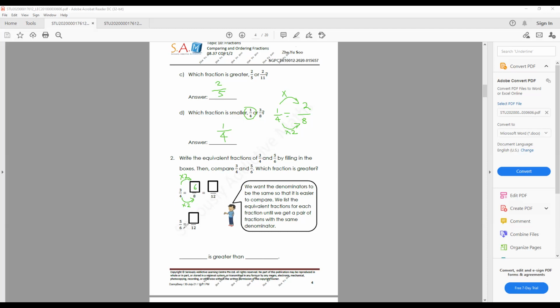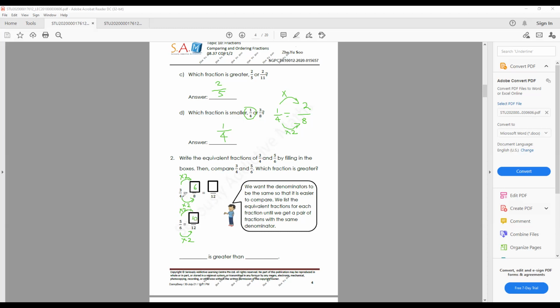Look at 6. There's no way 6 can become 8, but it can become the next multiple of 4 and 6. Let's convert it into denominator 12 then. Times 2, so that's 10 out of 12.